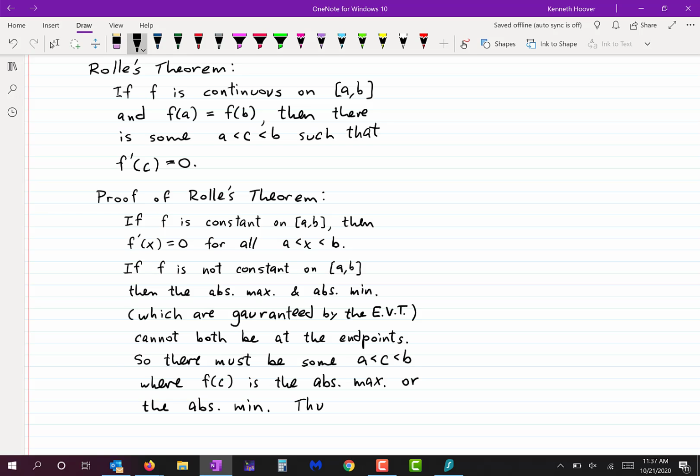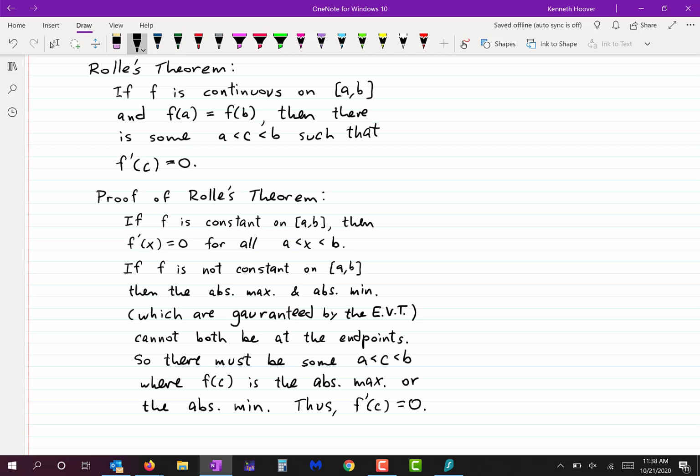Thus, f prime of c would equal 0 because it's a maximum or a minimum and it's not at the endpoint. Remember, maximums and minimums can only occur in three places: the endpoints, the places where the derivative doesn't exist, and the places where the derivative is 0. Well, c is not at the endpoints, and f prime of c exists.